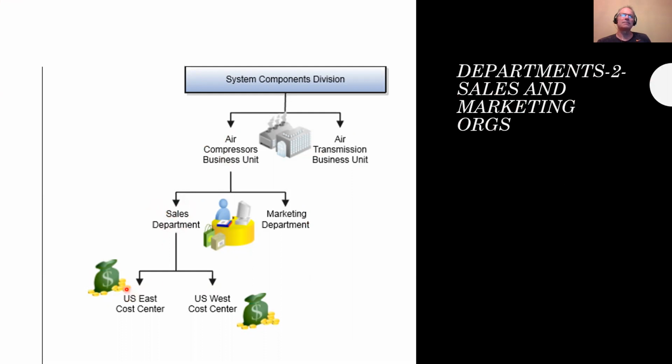And your department is divided into two sections, an east and a west. You can see here, let's just pretend this is your manager. So he's going to be managing and will have final responsibility, profit and loss for this whole sales department.